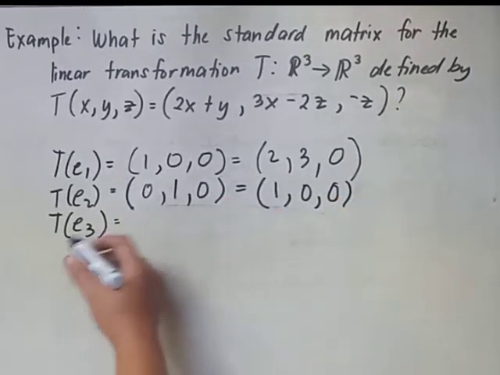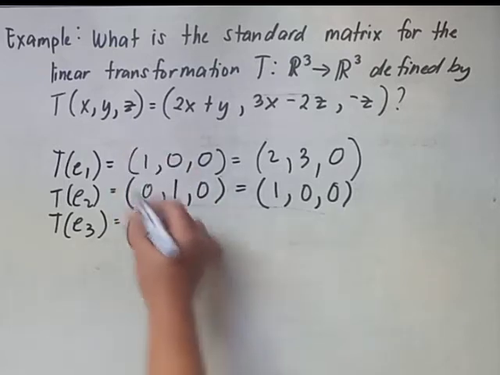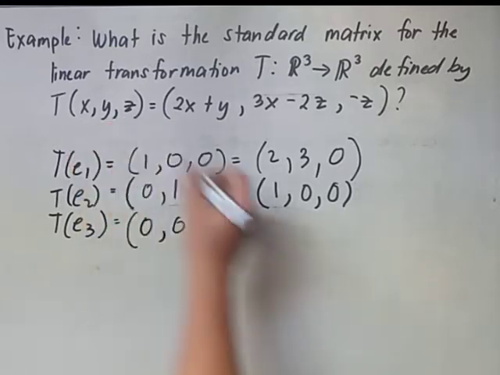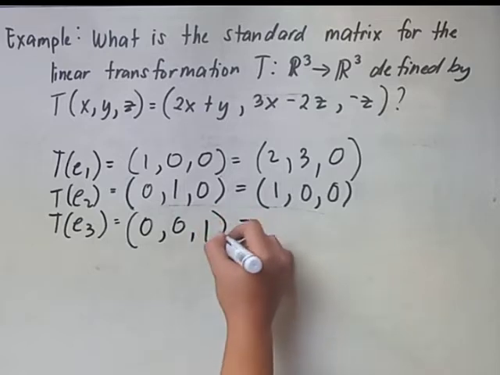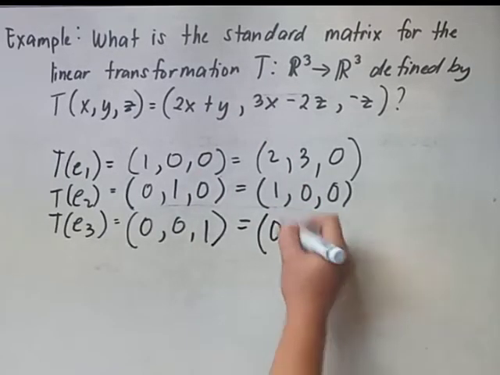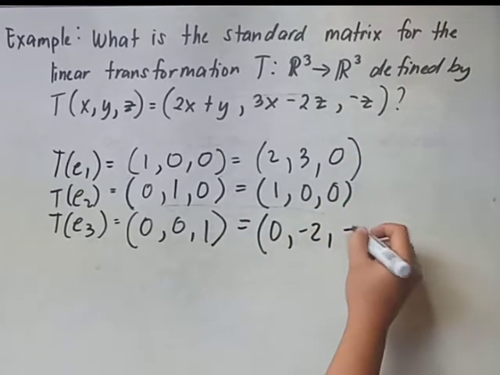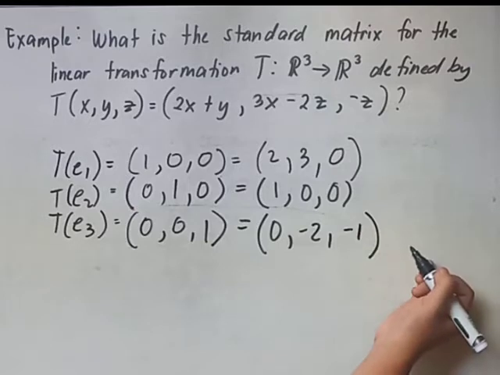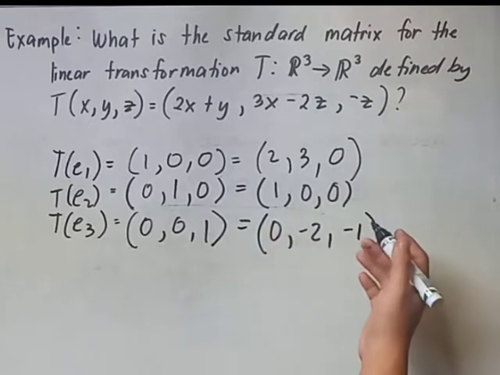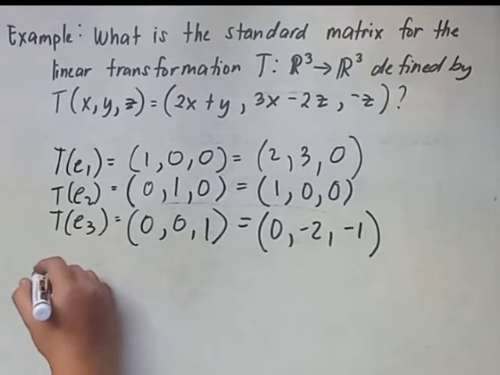And for the transformation of e sub 3, that is z, 0, 0, 1, we get 0, -2, and -1.